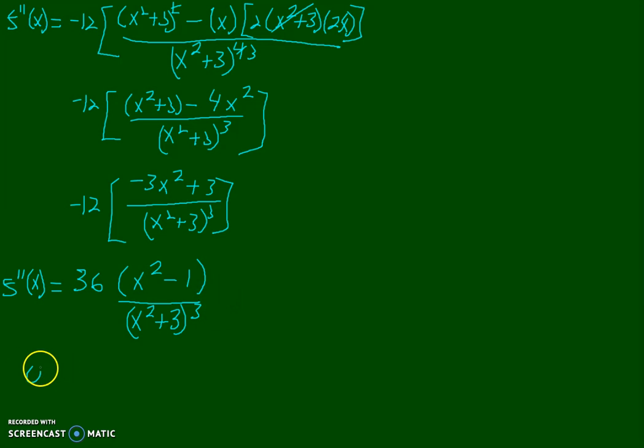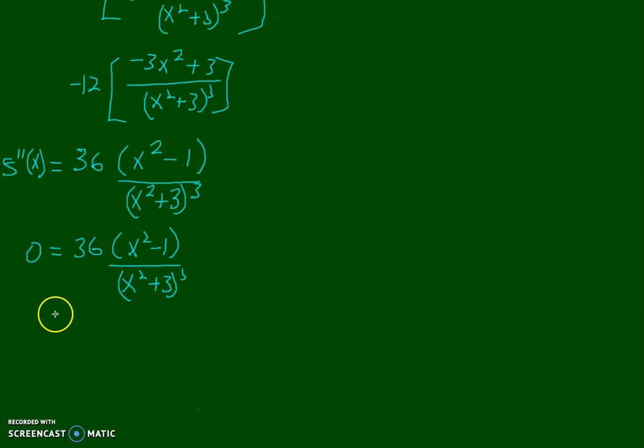So if we set this whole thing to 0, you can see the denominator is going to go away because we're going to multiply both sides by the denominator, and we're left with 0 equals 36 times x squared minus 1.